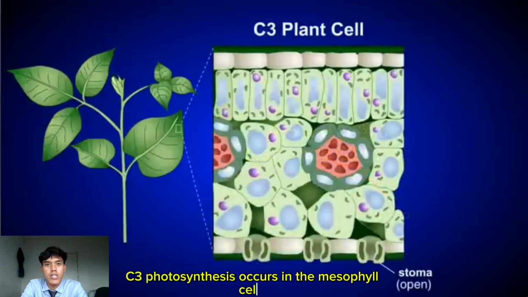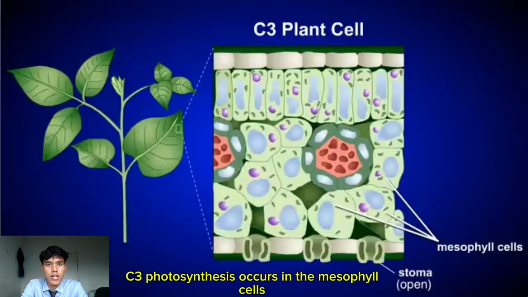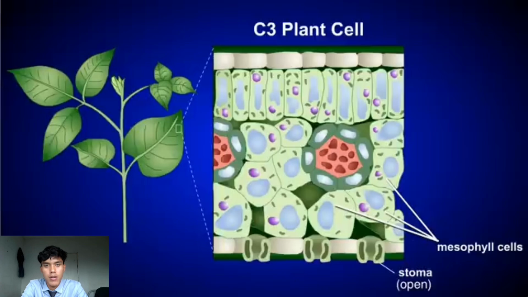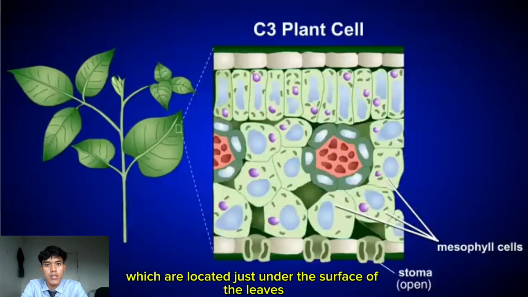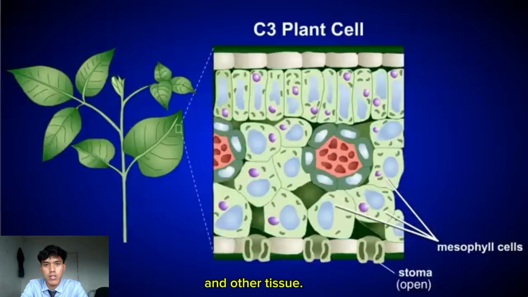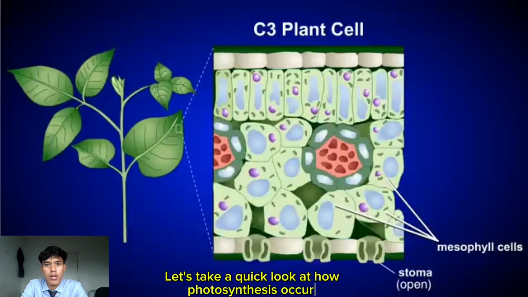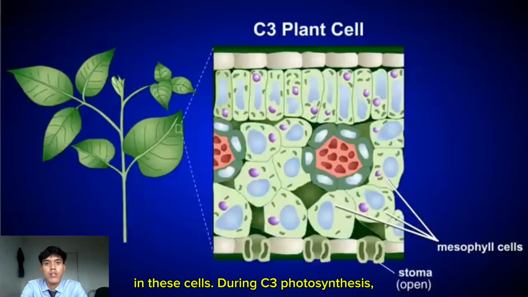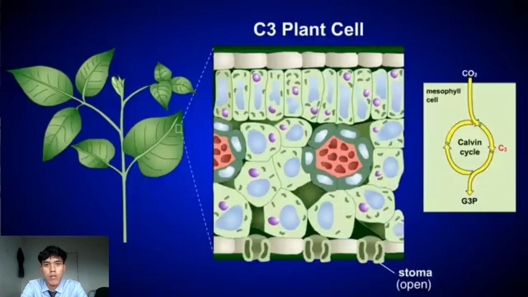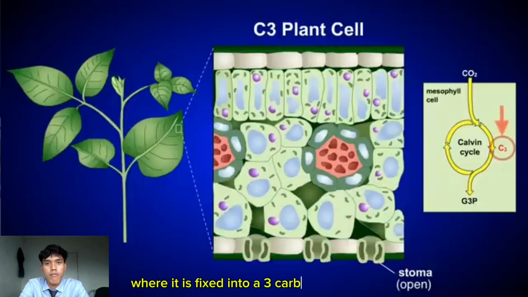C3 photosynthesis occurs in the mesophyll cells of C3 plants, which are located just under the surface of the leaf and other tissue. Let's take a quick look at how photosynthesis occurs in these cells. During C3 photosynthesis, CO2, or carbon dioxide, is taken up and transported directly to the Calvin cycle, where it is fixed into 3-carbon molecules. Thus, the name is C3.